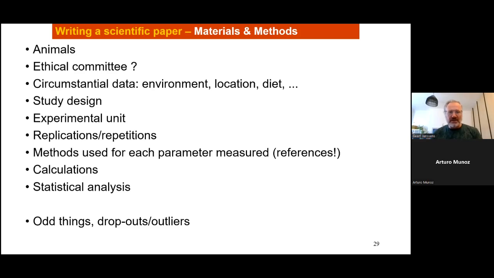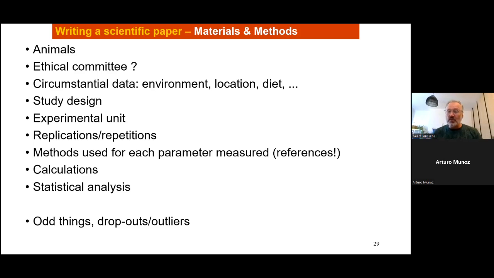If necessary, you have to mention whether your study had been evaluated by an ethical committee, meaning if you did something with the animals that can harm their welfare, then more and more journals will ask whether it has been approved by an ethical committee. You need to describe all circumstantial data, environment, location, available diets, whatever is important, like I say, to replicate the study that you did.